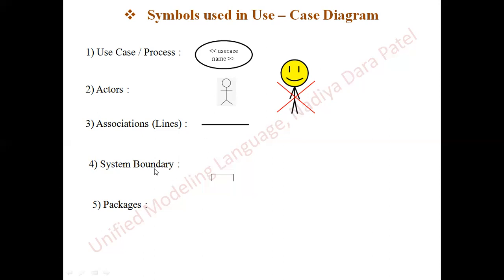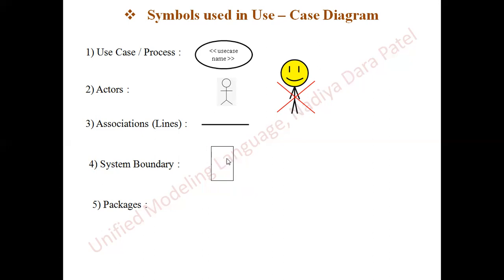Next is systems boundary. As the word boundary is used, we can understand by the word itself, everything should happen or take place inside this boundary. There should be nothing outside the boundary, but there is some part which remains outside the boundary. We are going to go through every notation in detail.